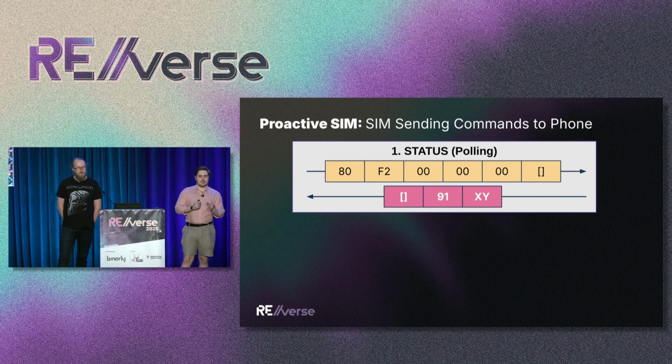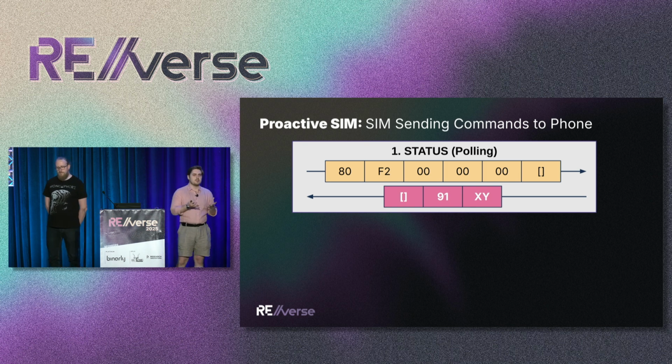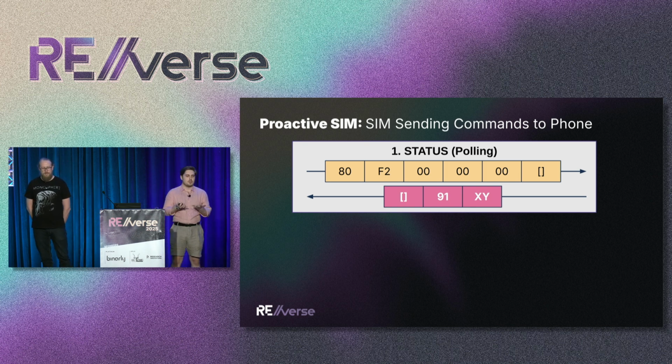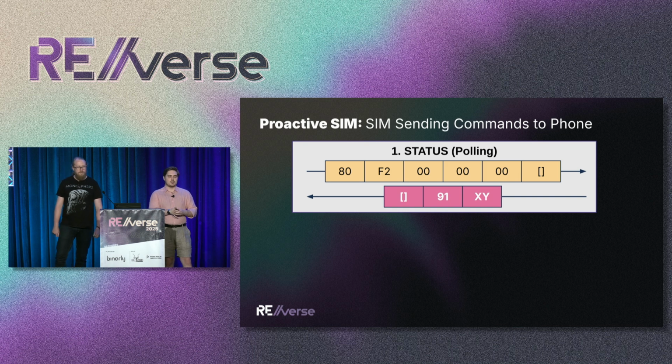The difference being that when there is a successful execution, meaning that there is going to be a 9000 status word, so 90 for SW1 and 00 for SW2, this indicates a successful execution of an APDU command. But in this case, the SIM can actually take over that status word, and if it's 9000, it can overwrite it to 91XY.